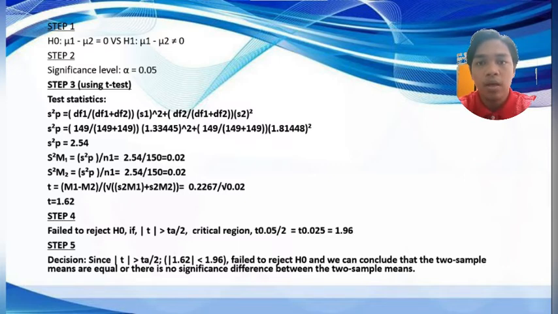Step 4, fail to reject H0 if t is bigger than t alpha by 2. The critical region t0.05 by 2 equals t0.025 equals 1.96. Decision: since 1.62 is smaller than 1.96, we fail to reject H0, and we can conclude that the two sample means are equal, or there is no significant difference between the two sample means.